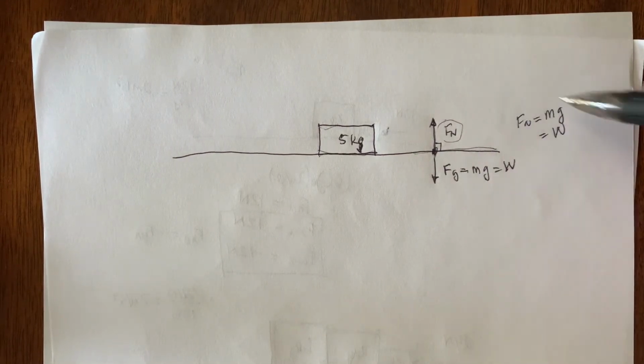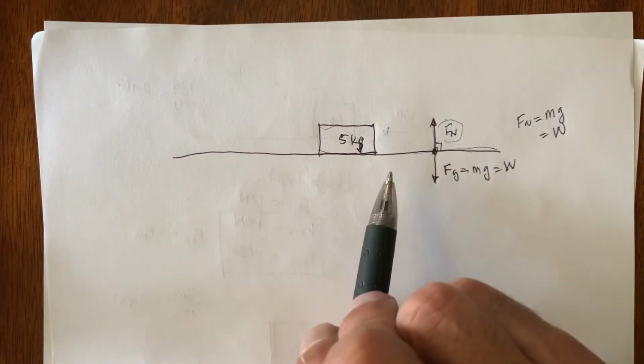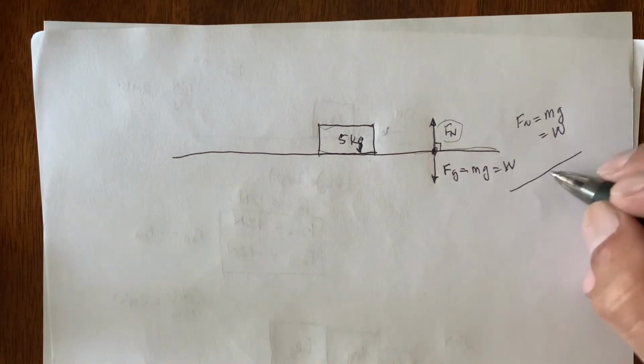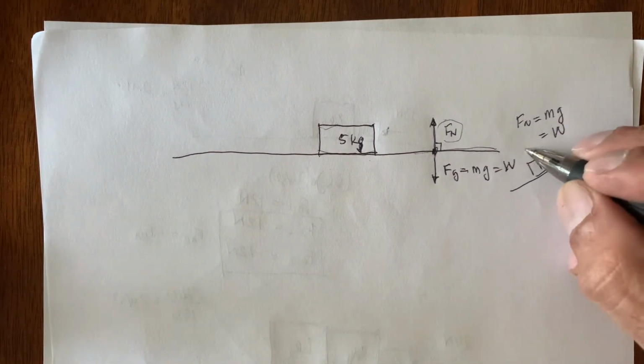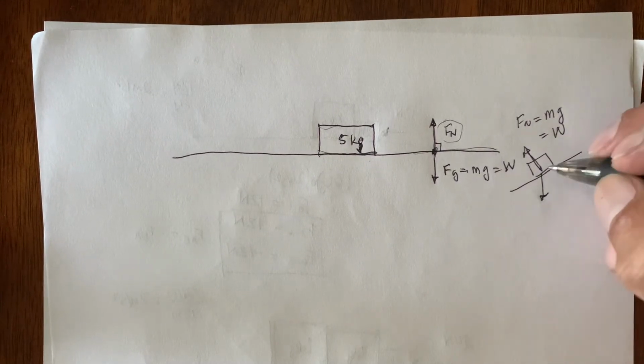Now remember, this only works when this is nice and horizontal. If it's not, if you have a case like this, then the normal force is that, and gravity is that, and these two do not equal each other.